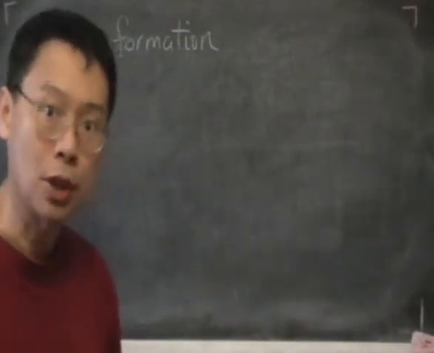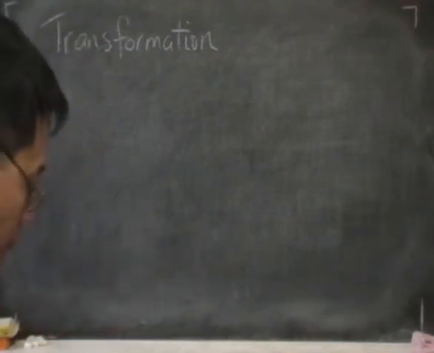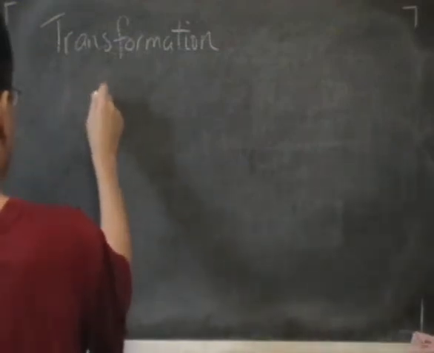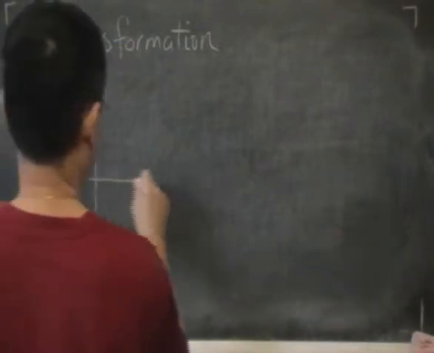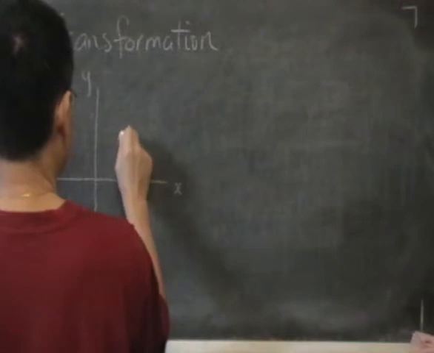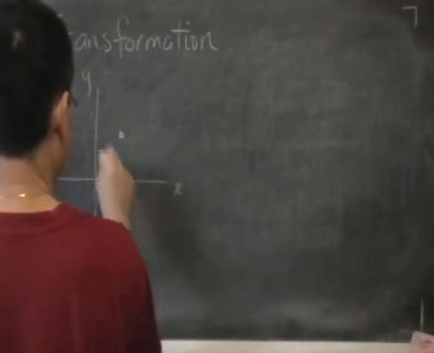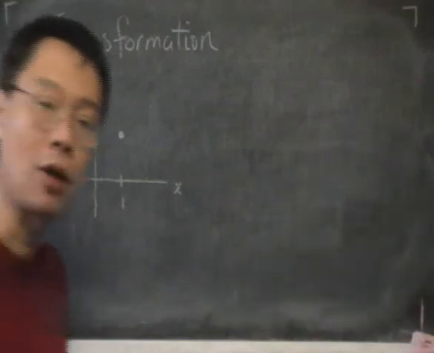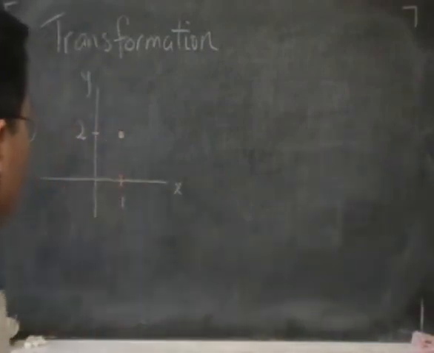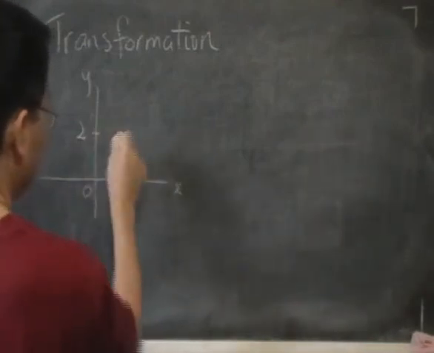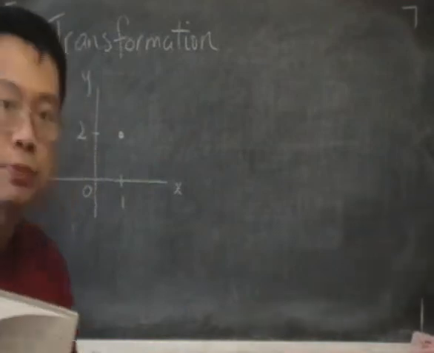Next, we're going to look at transformations. Let's start on the graph paper and think about a point on the graph paper with an x value of 1 and a y value of 2.